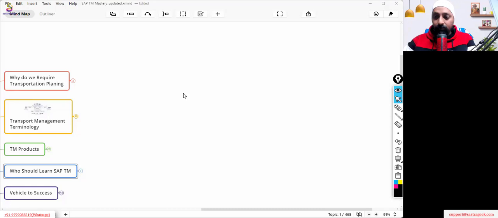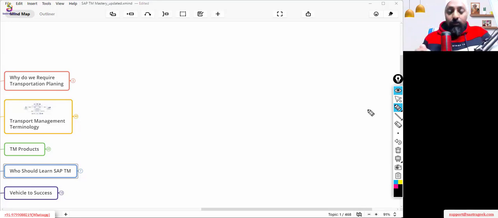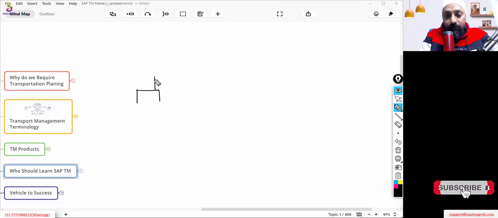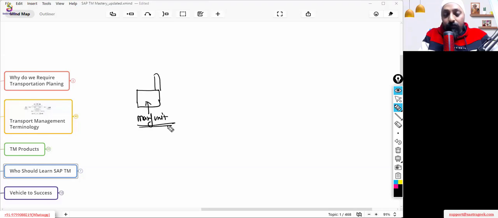Okay. So first thing, why do we require transportation management? You have a factory. This is your manufacturing unit, where you are producing.